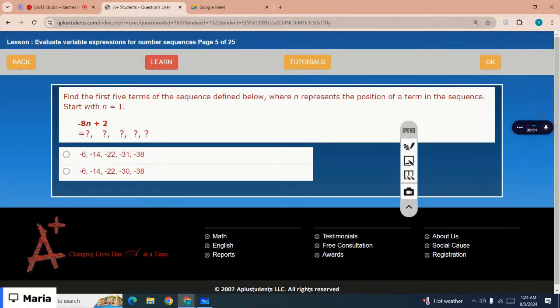Find the first five terms of the sequence defined below, where n represents the position of a term in the sequence. Start with n equals 1. So which is the correct option?